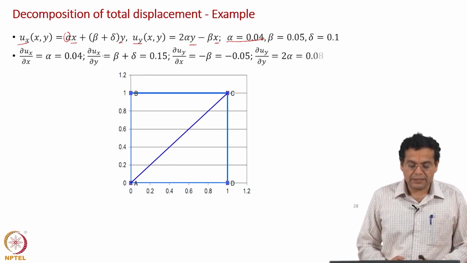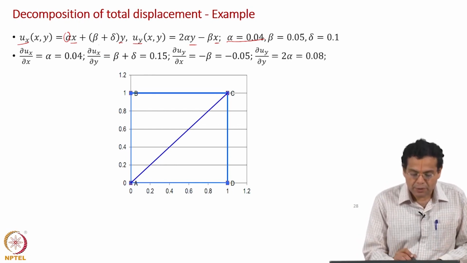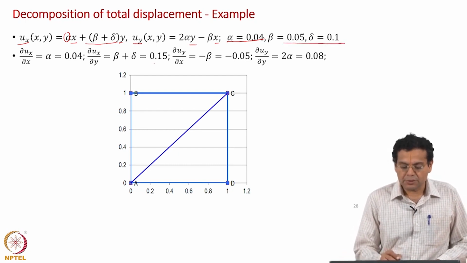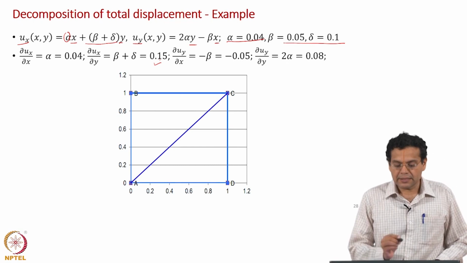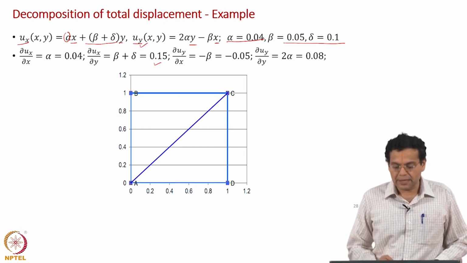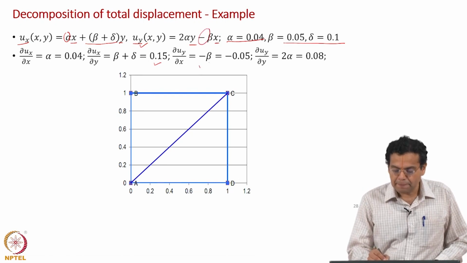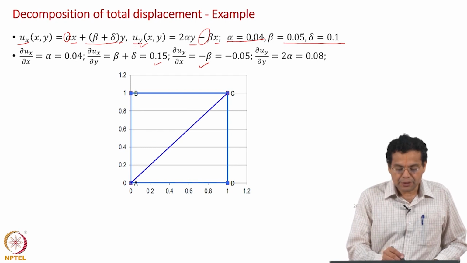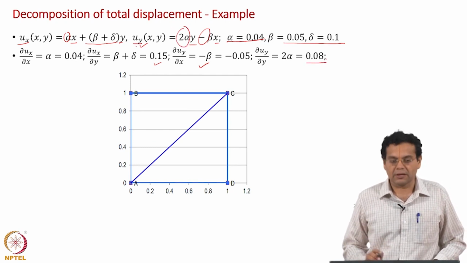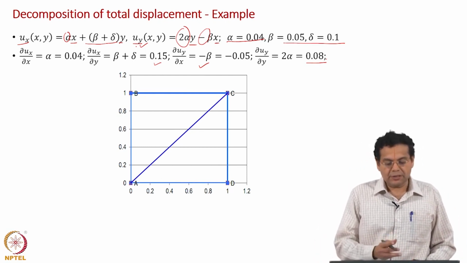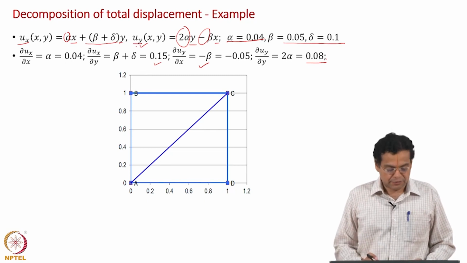Then differentiate dou ux with respect to y, you get beta plus delta, and if you sum these two you get 0.15. Next, take the y component, differentiate that with respect to x, you get minus beta, that is minus 0.05. Take uy, differentiate with respect to y, you get 2 alpha, which is 0.08. So, we will keep this handy so that we can use it as we go along.